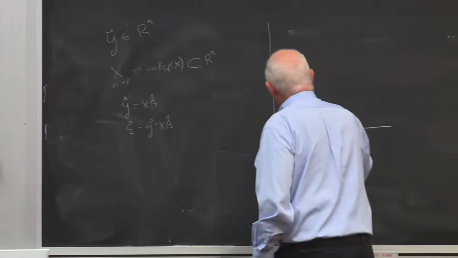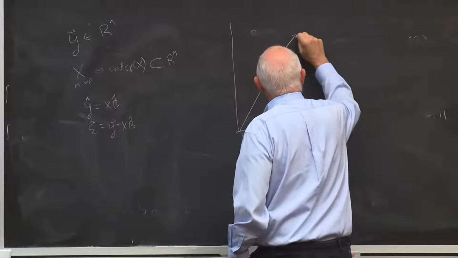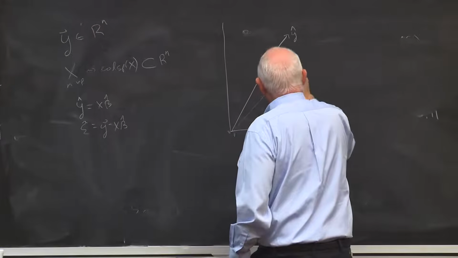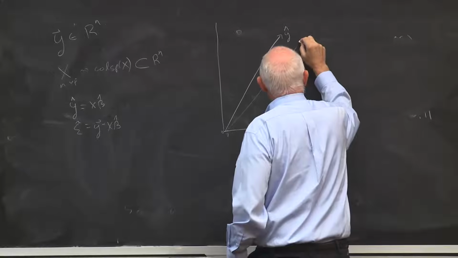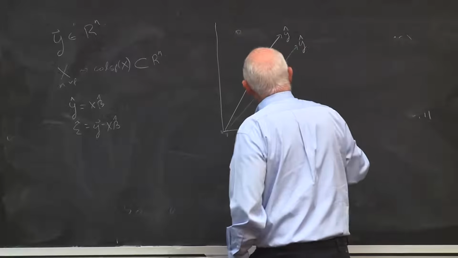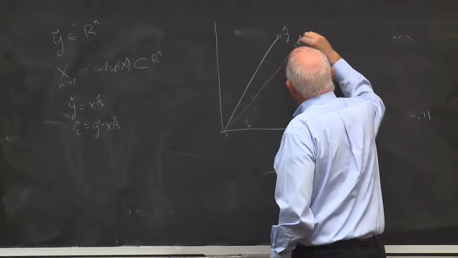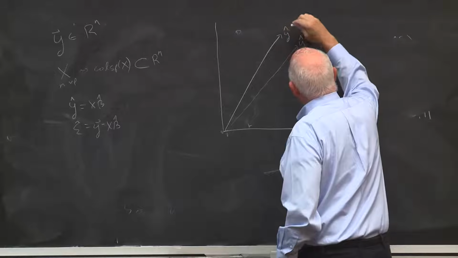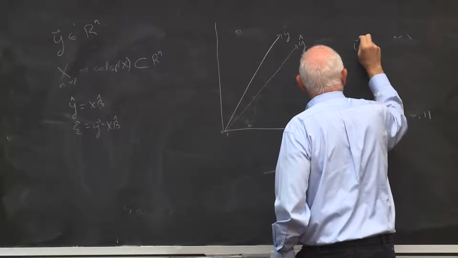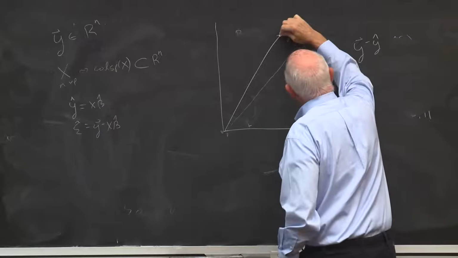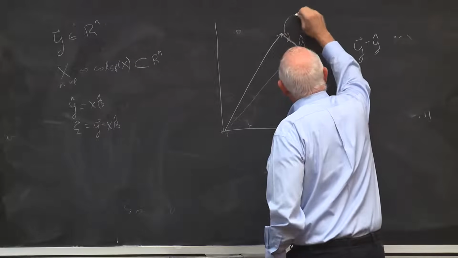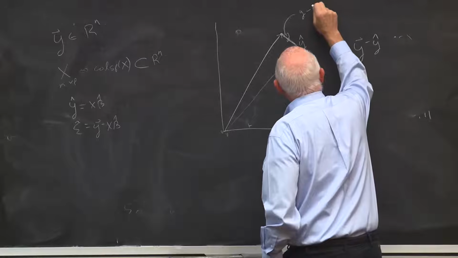So if we think in n dimensions of having a y vector and a y hat vector, then y minus y hat, so if we take the vector from here to here, that's y minus y hat.